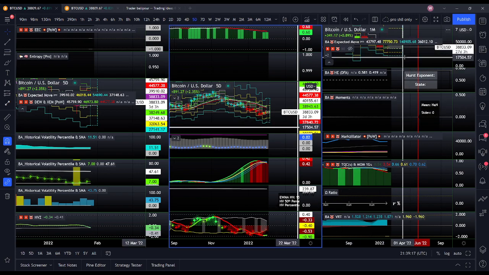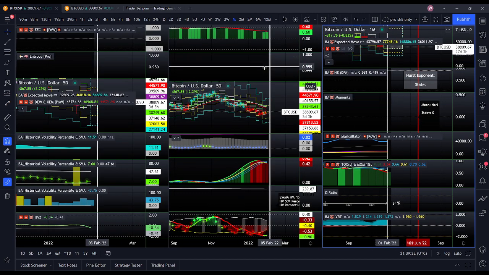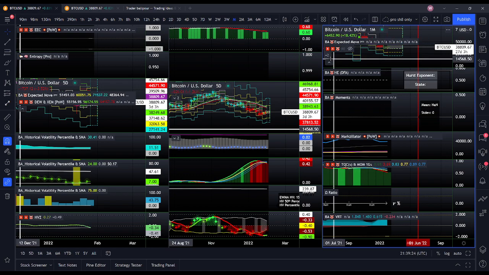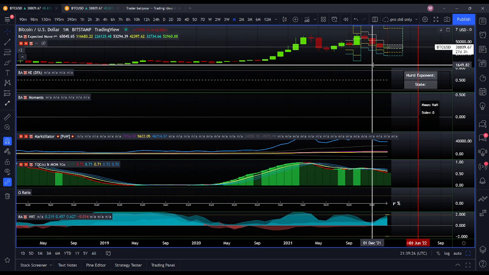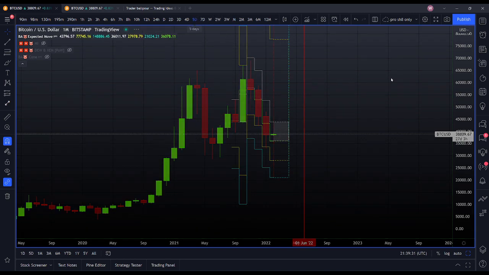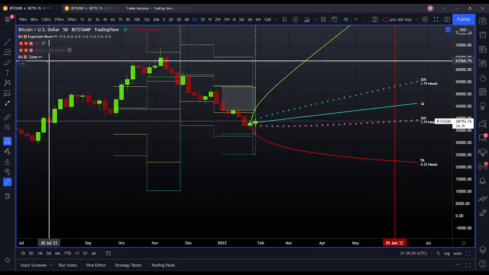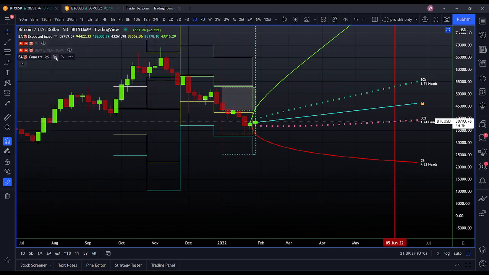But yeah, I can definitely go through the probability cone. So going over to, I have my probability cone up over on that, this chart right over here. And then so let's say we can go on the 5-day and we can look at our probability cone, and right here, do you just have the regular probability cone?